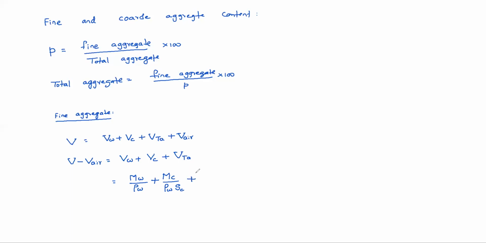Similarly, plus volume of total aggregate. Volume of total aggregate is what? Here I will write volume of total aggregate equal to volume of fine aggregate divided by P. Is it okay? P in fraction or into 100.